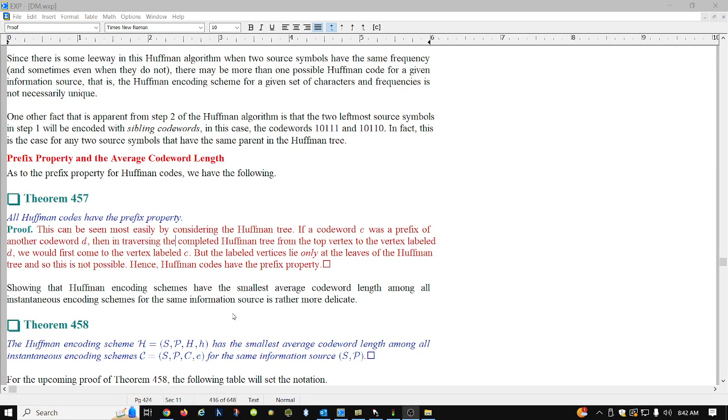Now, showing that Huffman encoding schemes have the smallest average code word length among all instantaneous encoding schemes for the same information source, well, this is a bit delicate, and it's going to take a bit of work. So let's get started.